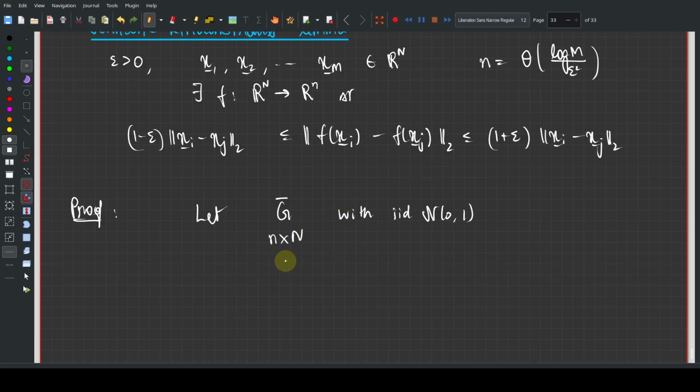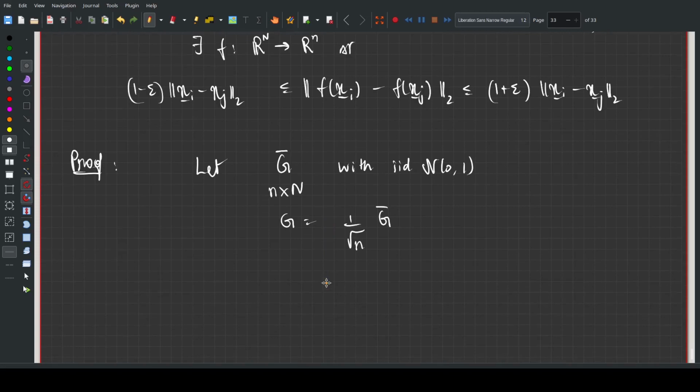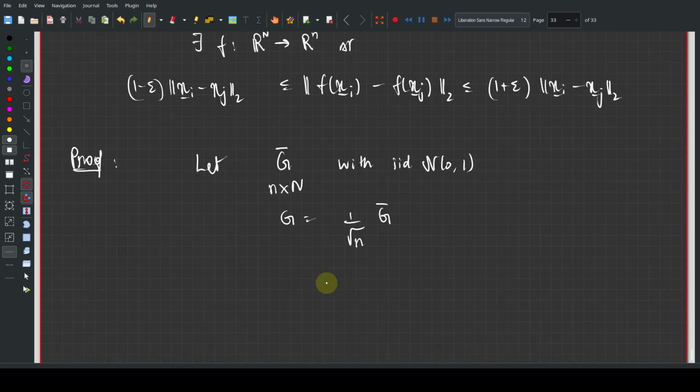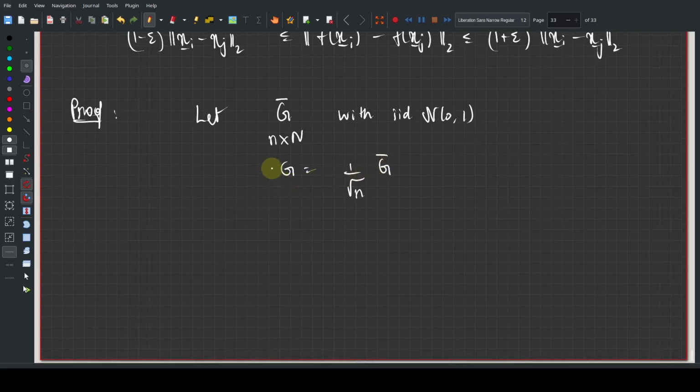I'll scale it down by 1 over square root of n, so that effectively each row has expected norm equal to 1. So my map is just this linear transformation, nothing else. And the property I want to show is that, with high probability, this linear transformation preserves distances.